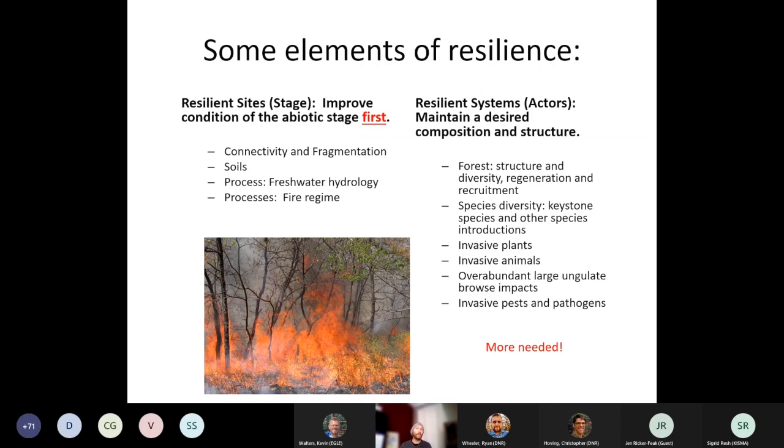An example of this, I think, would be: instead of doing intensive restoration at a given site, could we be thinking about a less resource-intensive restoration approach to create some connectivity, to connect that site to another area?